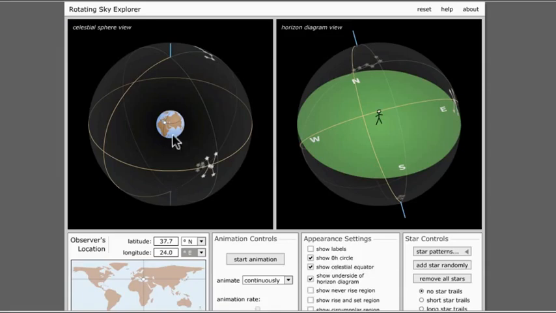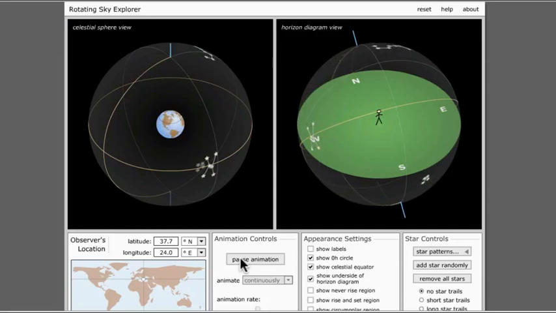And as our animation begins, note that if the observer looks to the east, Orion is just rising above his eastern horizon, as it was exactly in our simulation, and now Orion will rise high in the sky, cross his meridian, and set in the west, and this will happen as the celestial sphere rotates about the observer, or as the Earth rotates, and we see Orion rising and setting.